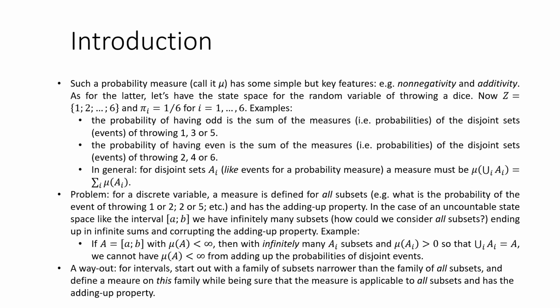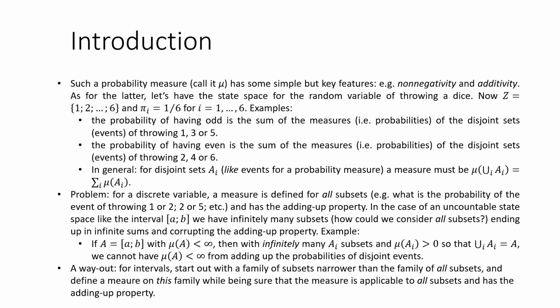So this problem is a crucial problem because normally we want to have random variables moving on intervals, and at the same time we want probability measures which have the adding up property.